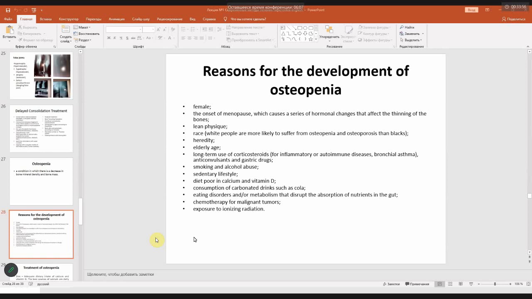Eating disorders and disorders of metabolism, and disruption of absorption of nutrients in the gut. Chemotherapy for malignant tumors. Exposure to ionizing radiation.